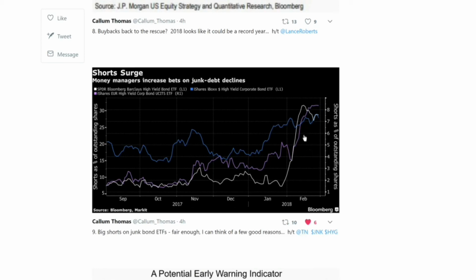Then you throw into the mix a minor tick up in credit spreads during the correction, and we'll talk a little more about that in the chart following this one. But the point is that it does make sense, given expected rising yields and some mixed signals on credit, that you would be short. From a contrarian standpoint, though, it shows there's some pessimism in the mix.